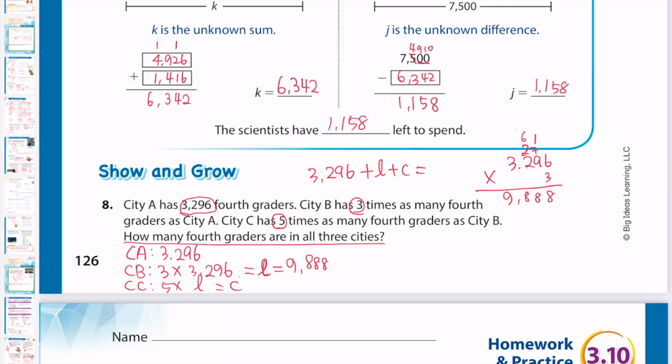What about city C? Okay, we are going to what? Multiply 5, right? From this. Since this is closer to 10,000, isn't it? Hold on. Which one is easier? Okay, I'm gonna use this way. So I'm going to put 5 times 10,000. If it's too much for you, don't follow me, but I prefer this way.